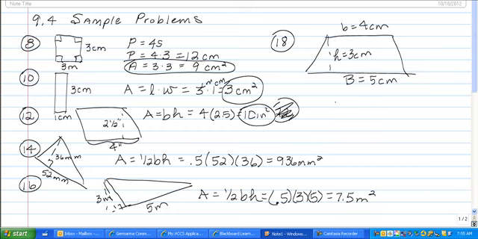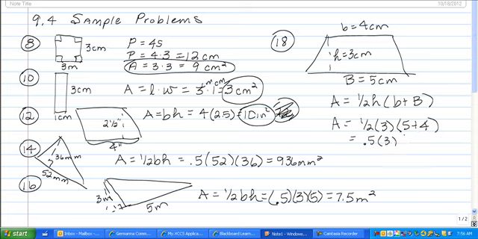And our area is 1/2 the height times the sum of the bases. So in our case, 1/2 times 3 times 5 plus 4, and half of 27 is 13.5, and those were centimeters, so that would be square centimeters.